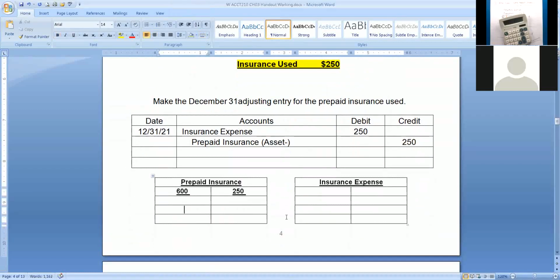Ending was 250. No, 350. Expense 250. And that's it. Again, no cash.